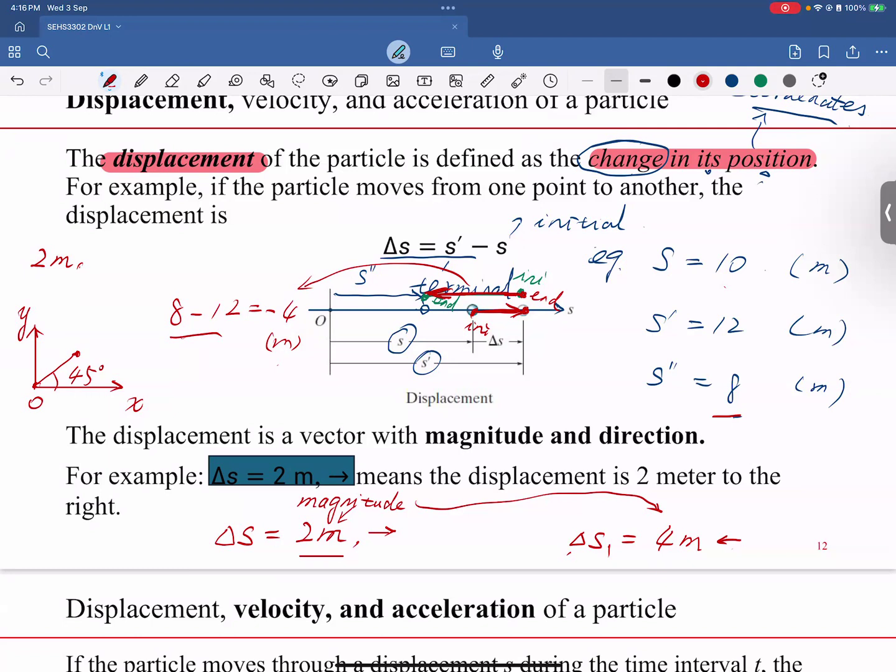And it's not horizontal, neither vertical. It's horizontal plus vertical, right? So we just draw an incline arrow here and tell the audience the angle of such a displacement.